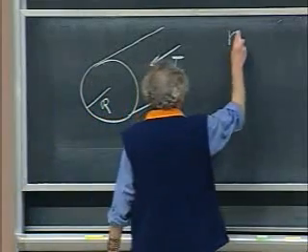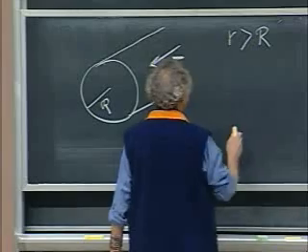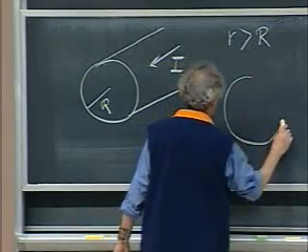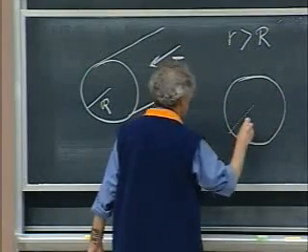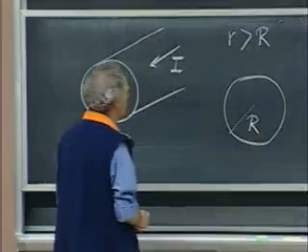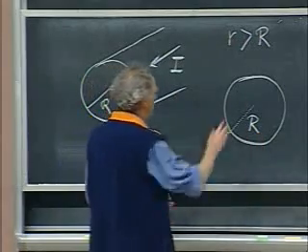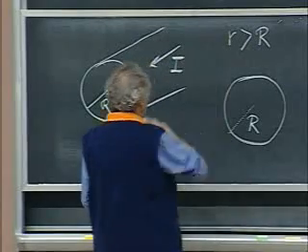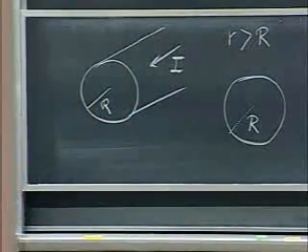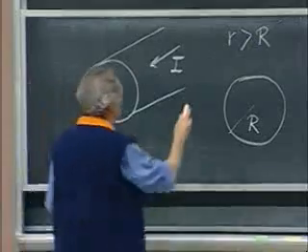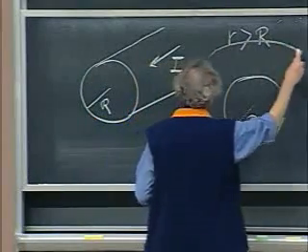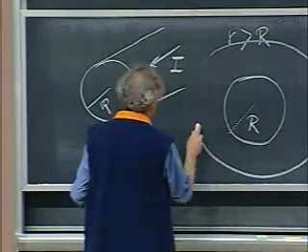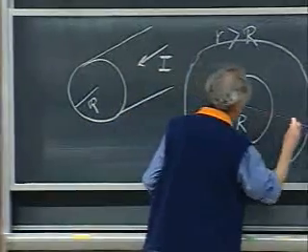Let's first look at a radius which is larger than R. And so here we have the cross-section of that wire, radius R. A current I is going through this surface. I now have to choose a closed path. Since we have cylindrical symmetry, it is clear that we would choose a circle with radius little r.